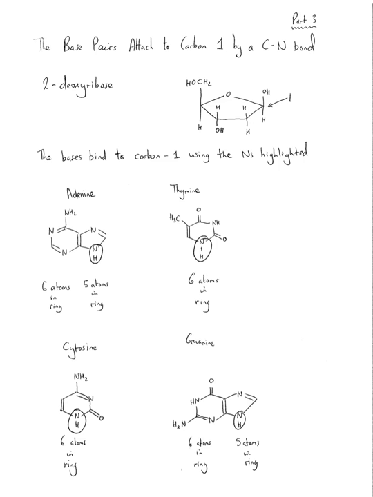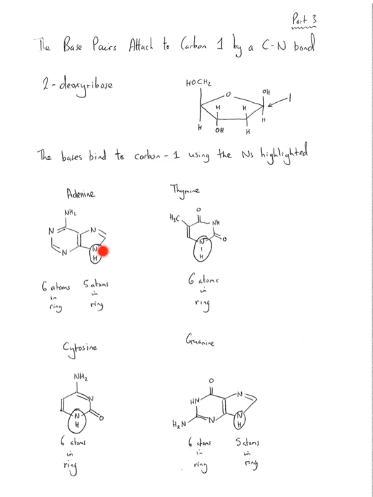So again, back to 2-deoxyribose, where we see that this carbon here will be essential for connecting to the base that will form the base pair with another DNA strand. And these are the bases here: adenine, thymine, cytosine and guanine.